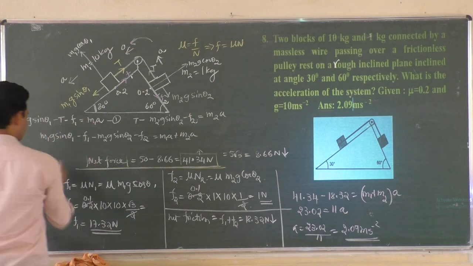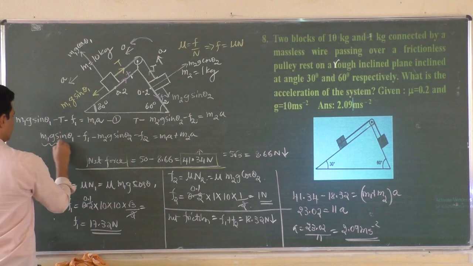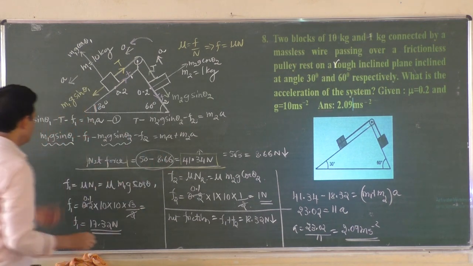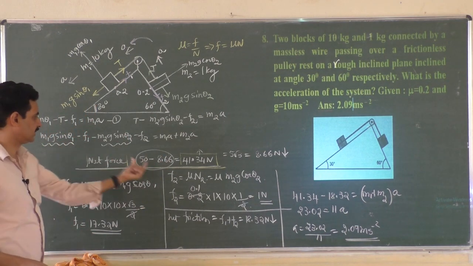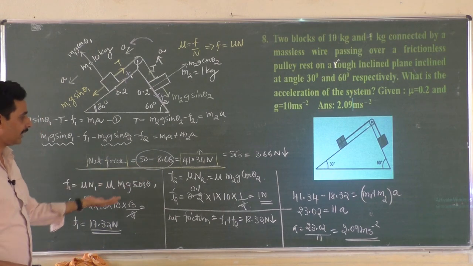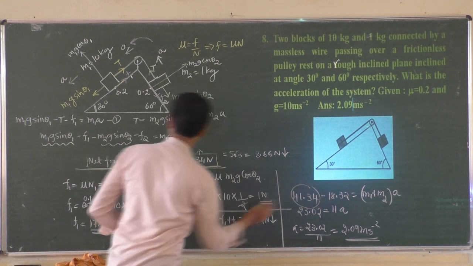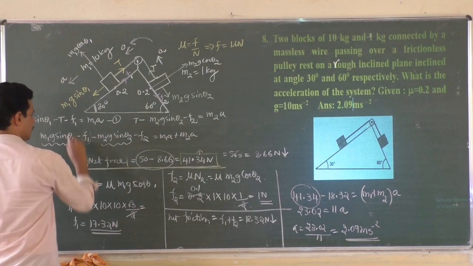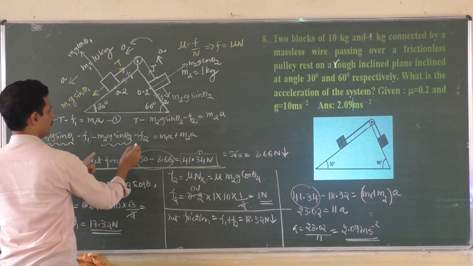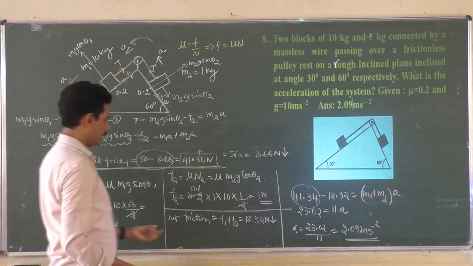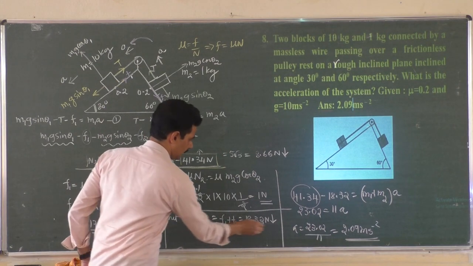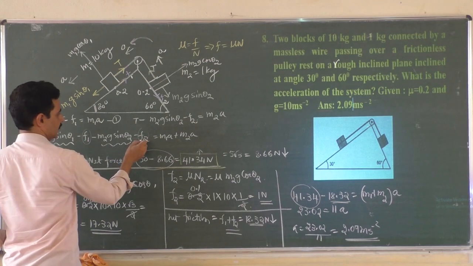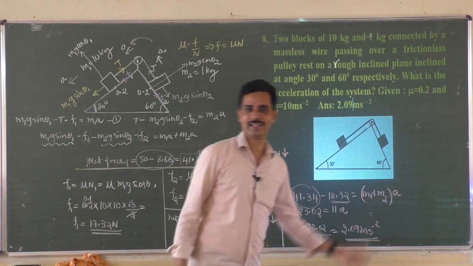Actually, since we did the direct calculation, m1g sin theta 1 minus m2g sin theta 2, that is 50 minus 8.66, came here. Can you see that? That is this part of the formula. Then minus f1 minus f2: we add f1 and f2 and take the minus, minus of (f1 plus f2). We added f1 and f2, a total of 18.32, and subtracted it. That is equal to m1a plus m2a. I think you can understand it, right?